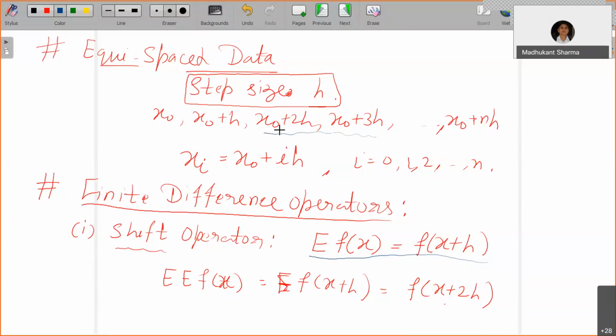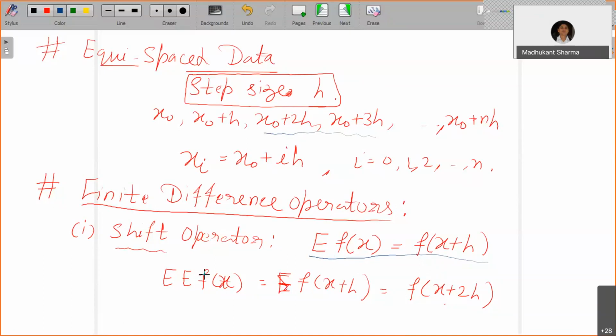The first finite difference operator we have defined is the shift operator, which, when you give the input as the function of x, gives you the function value at the next point, situated at the distance h.